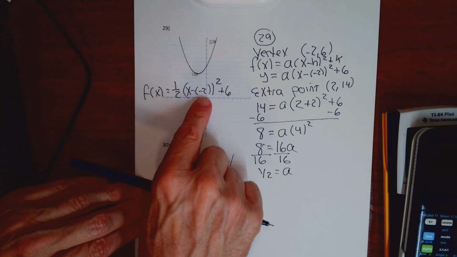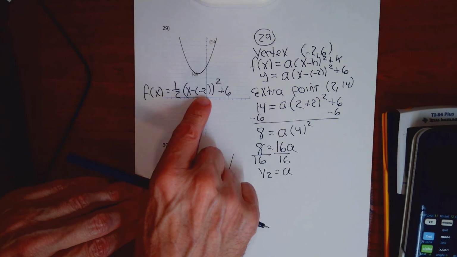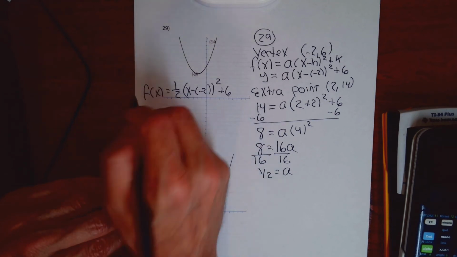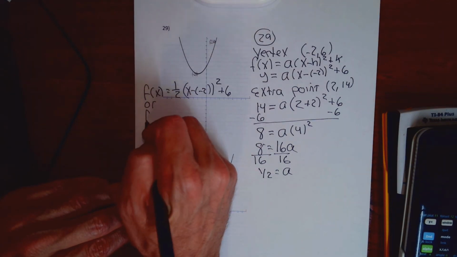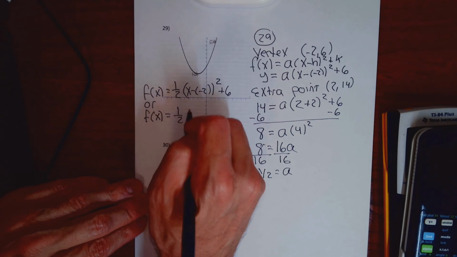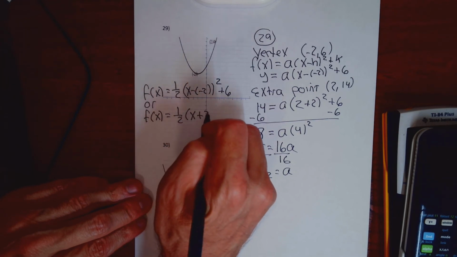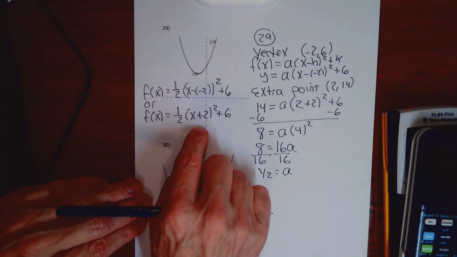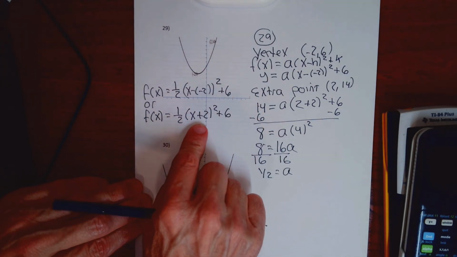The x coordinate of the vertex is a number in standard form after the minus. In this case, it's negative 2. But when I deal with parabolas, I don't have any issues at all about having a plus in front of the parentheses, which isn't really standard form.